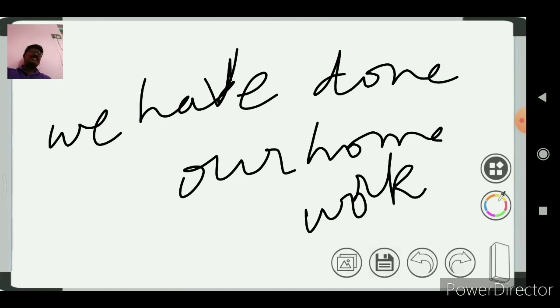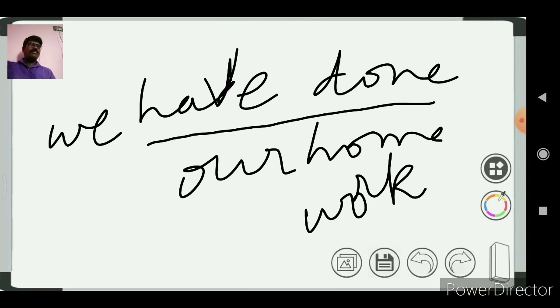Typical sentence. Exactly. Have done is the verb. Sir, here two words are there, have done. Yes. Then what is that verb? Have done is the verb. When you split the whole verb, have is the auxiliary verb, done is the main verb.